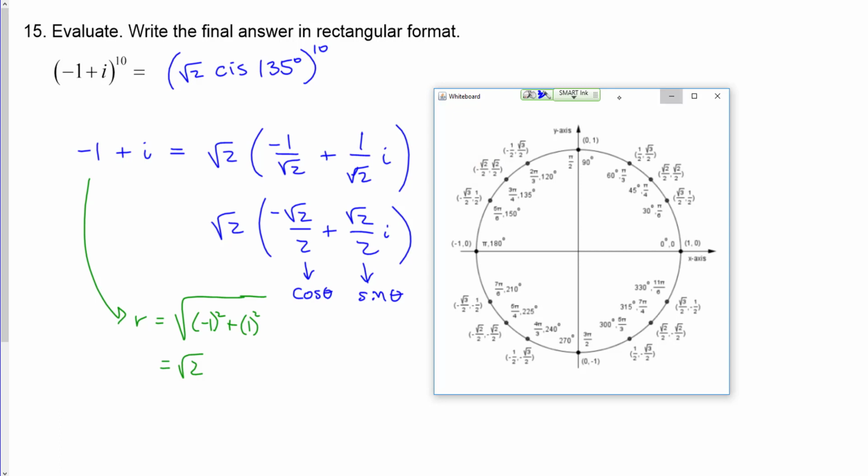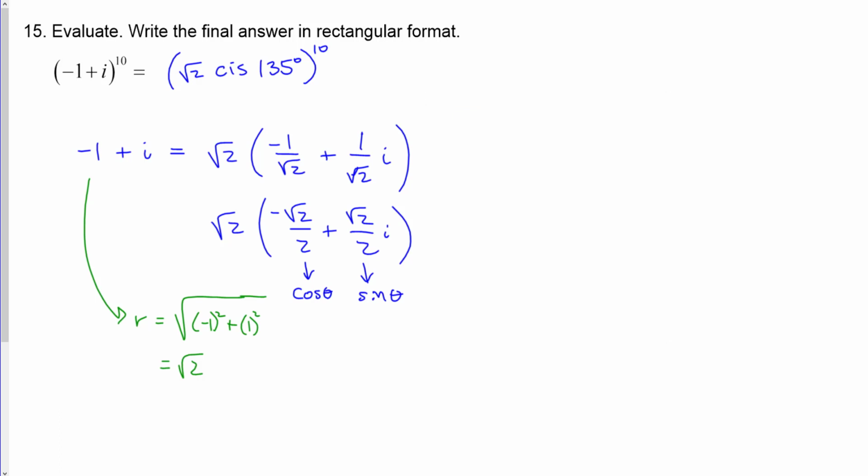Now, to do this, we can say that this is equal to the square root of 2, which I'm going to write as 2 to the 1/2 power, to the 10th, CIS 135 degrees times 10.